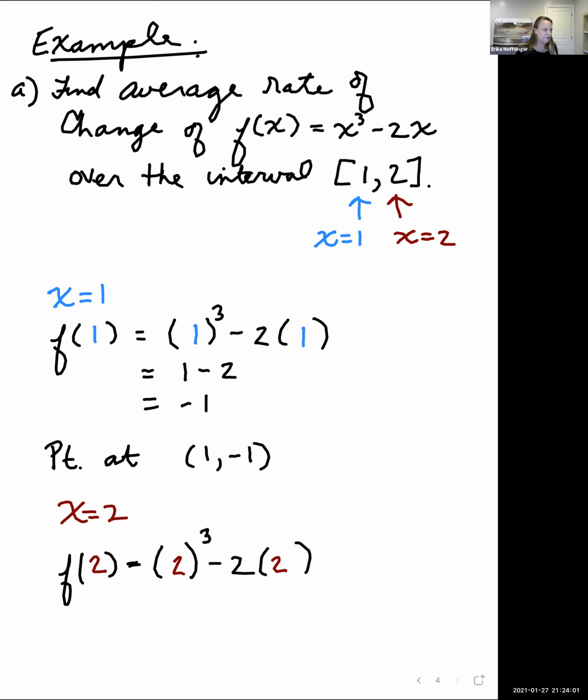Order of operations: 2 cubed gives us 8, minus 2 times 2, which is 4, and 8 minus 4 is 4. So we got a point at (2, -4). I'm sorry, (2, positive 4).